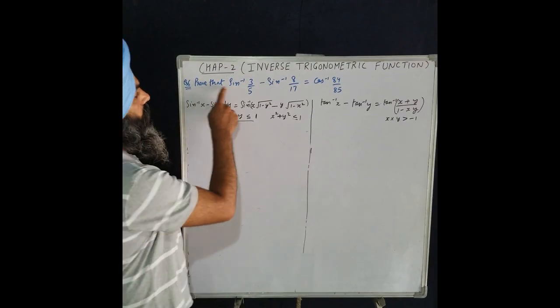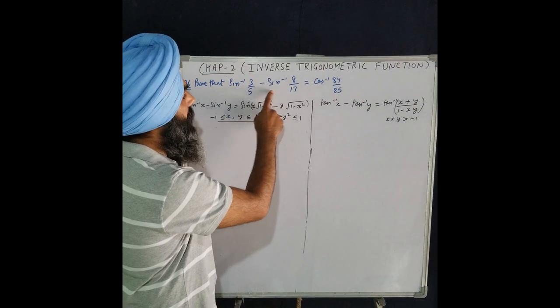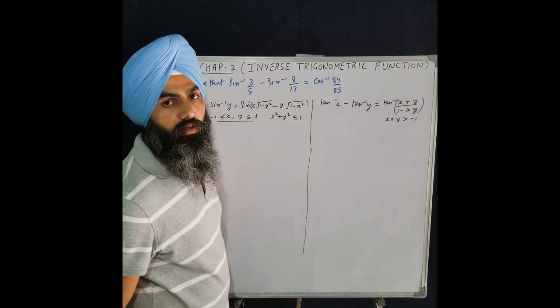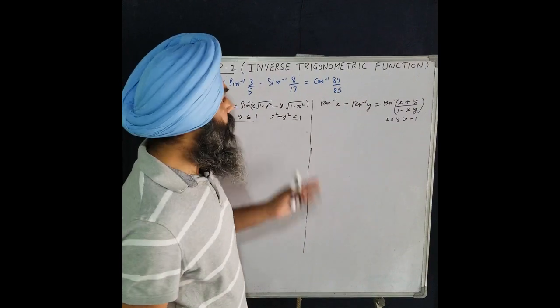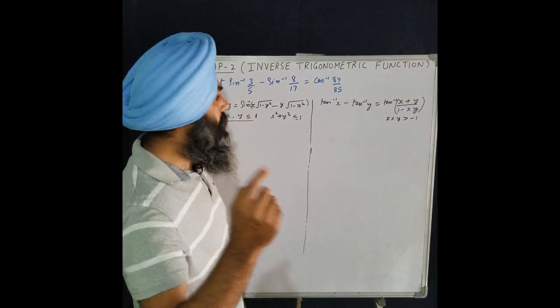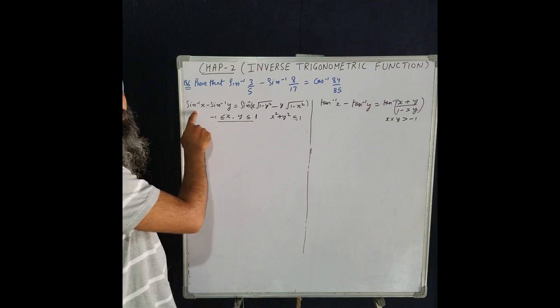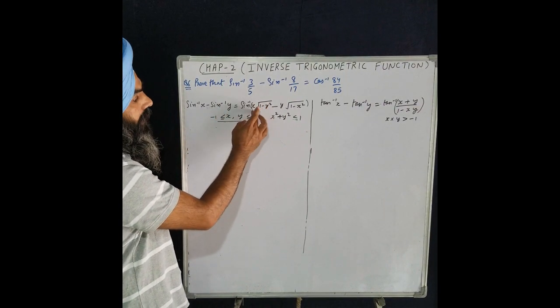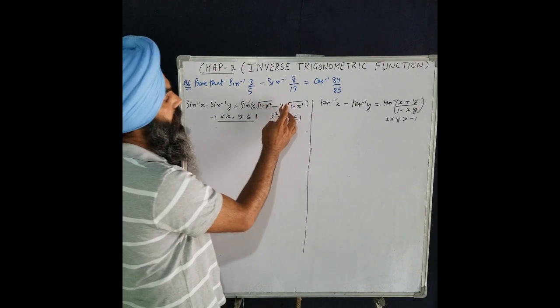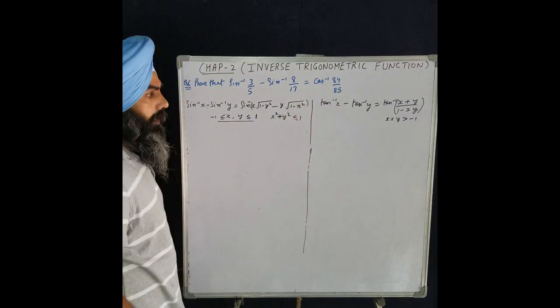Question number 6, prove that sin inverse 3 upon 5 minus sin inverse 8 upon 17 is equal to cos inverse 84 upon 85. If you want to solve this question, there are two methods. One is apply directly sin inverse x minus sin inverse y equal to sin inverse x square root 1 minus y square minus y square root 1 minus x square.